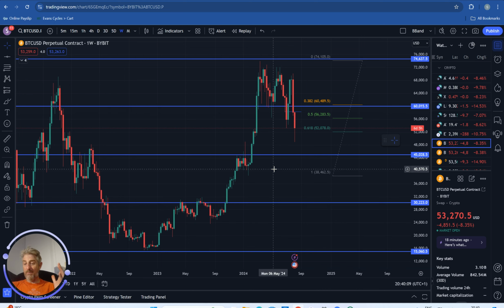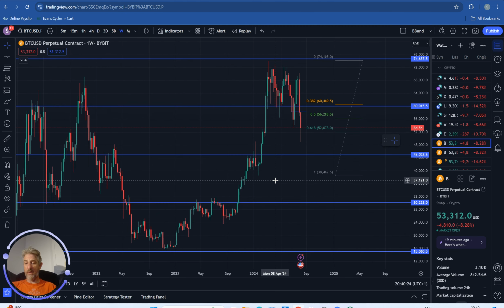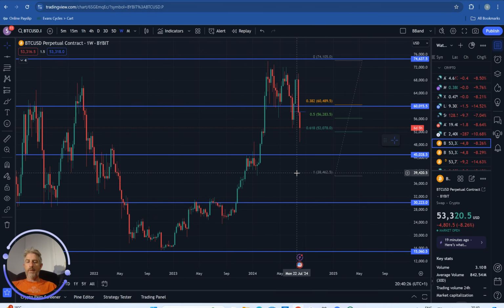Now, I might be wrong, but that to me would be hard to argue against. This bull run has done, and we'll see what happens, but potentially another bear market. But until then, particularly if Bitcoin can get sustained support around the 0.618 area, I would feel fairly confident that this is just a big pullback within the bull market uptrend.